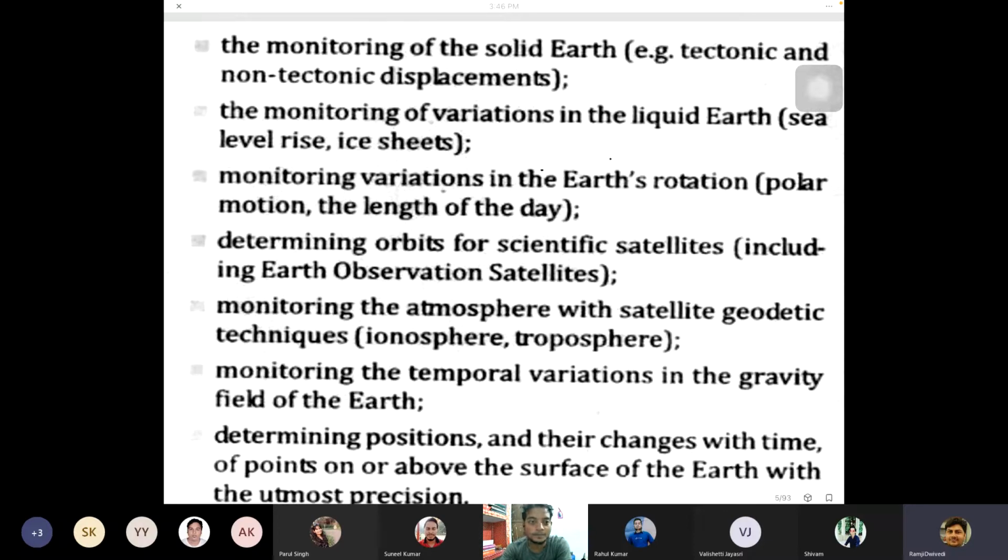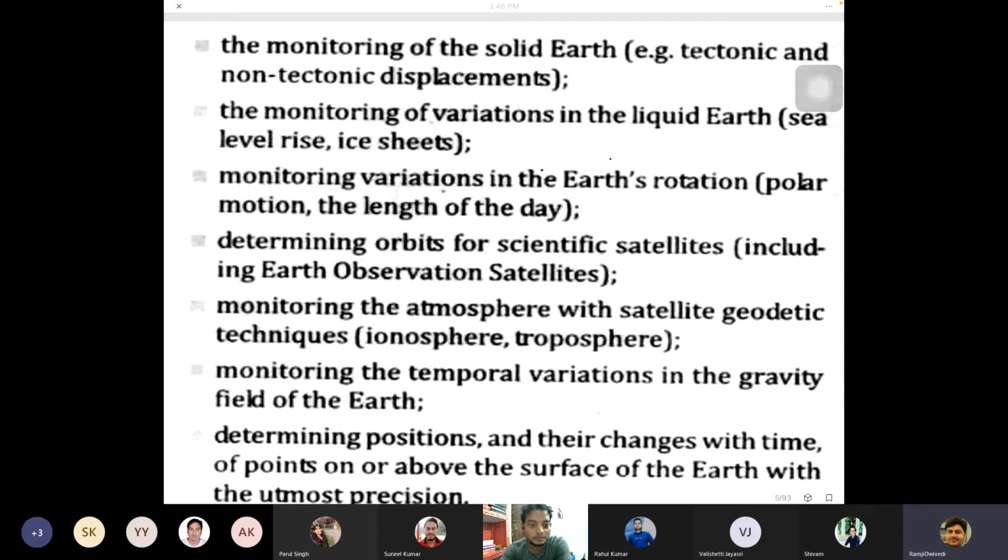Then the monitoring of temporal variation in the gravity field of the Earth, which is very important because this is one of the major properties, and this is also part of the concept we call physical geodesy. That means monitoring temporal variation in gravity by two methods. One is ground-based methods, and the other is space-based methods.